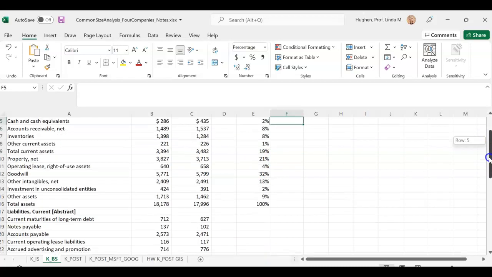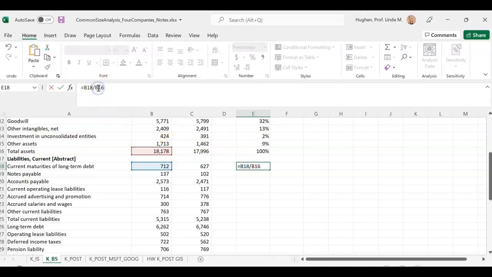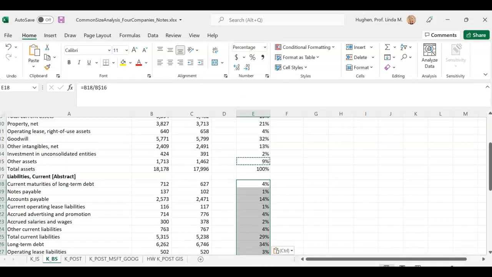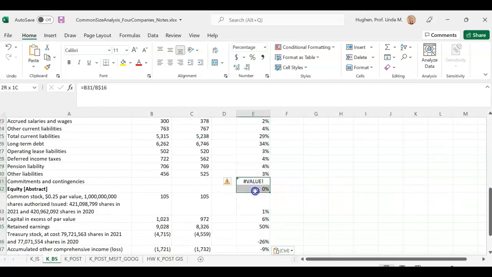Let's continue now for each liability and equity item as a percentage of total liabilities and equity, but we know assets are equal to total liabilities and equity, so I can just take a shortcut and just do B16 again. Or I could have just taken this formula and continued on. Wherever there are no values, I want to make sure this is not reported.